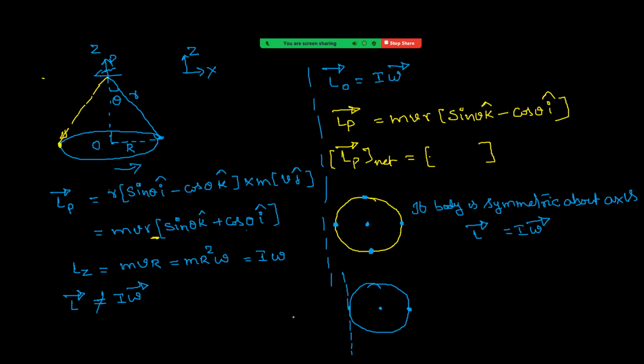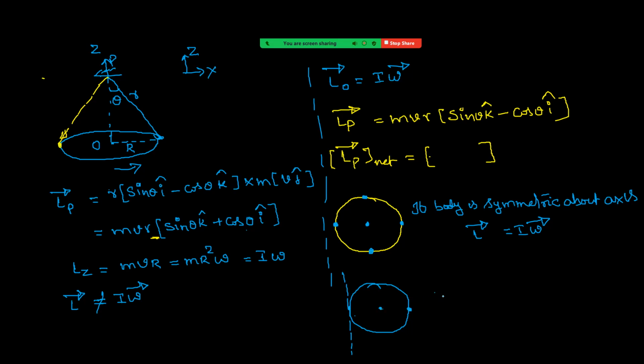So here the body is not symmetric about the axis of rotation. Students should be very careful here. One is uniform and one is symmetric. Both are not the same. In both these cases the ring is uniform, but about this axis the body is symmetric, and about this axis the body is not symmetric.